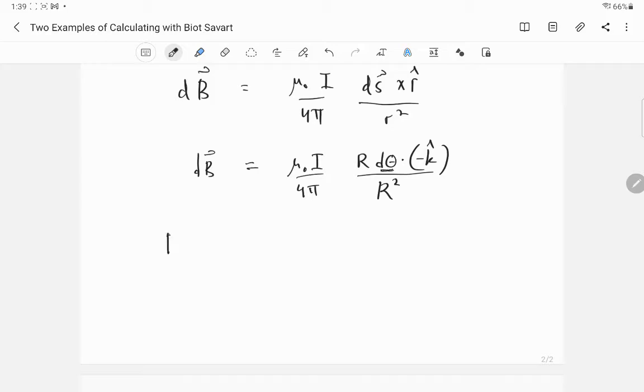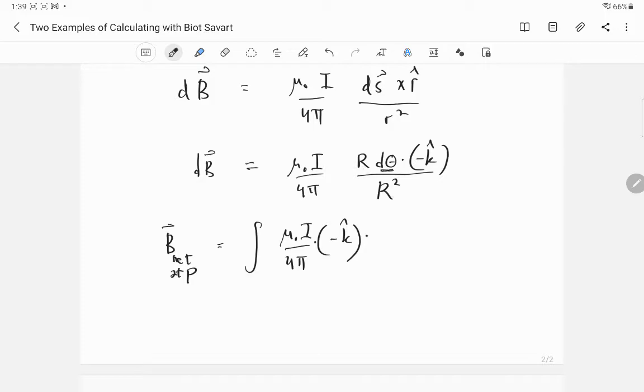So now, the net magnetic field at P is going to be equal to the integral of mu naught I over 4 pi times negative k hat. I'll just move that unit vector direction over, because it's just multiplied and you can move the stuff around.